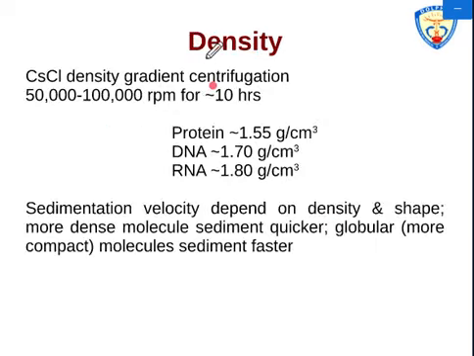The second property that we'll be discussing here is density. Cesium chloride density gradient centrifugation can be used to find out the density of the given DNA sample. Density gradient centrifugation is a technique used to separate substances on the basis of their size, shape and density.